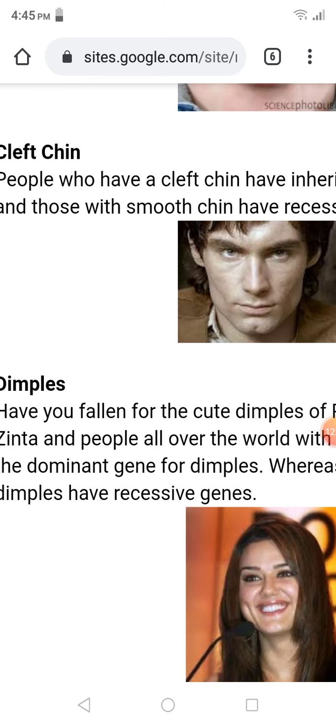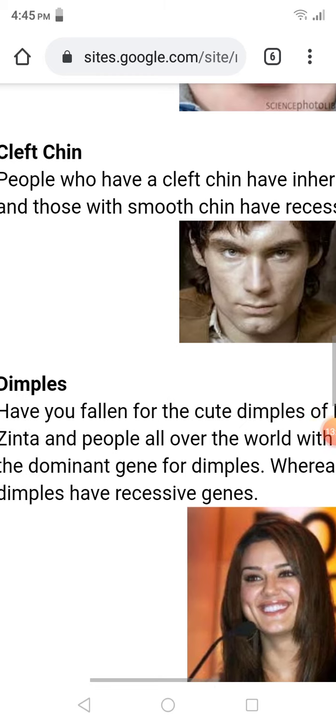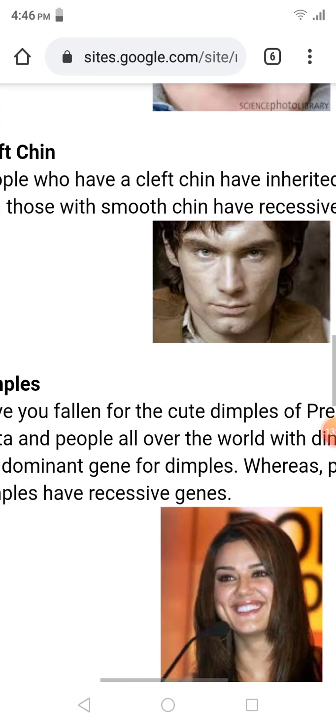I was thinking maybe this is a mutation dealing with a deformity, and the deformity is coming from a deficiency of calcium and vitamin D. And I noticed a lot of black people with a cleft chin.